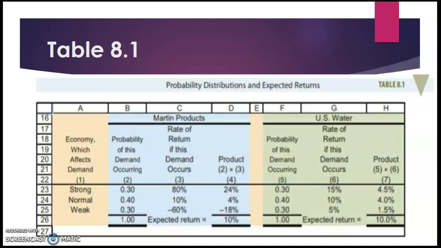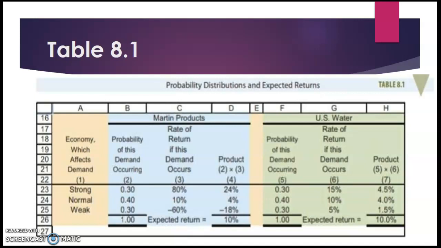It gives the probability distribution for Martin Products, which makes engines for long-haul trucks, 18-wheelers, and for US Water, which supplies an essential product and thus has very stable sales and profit.